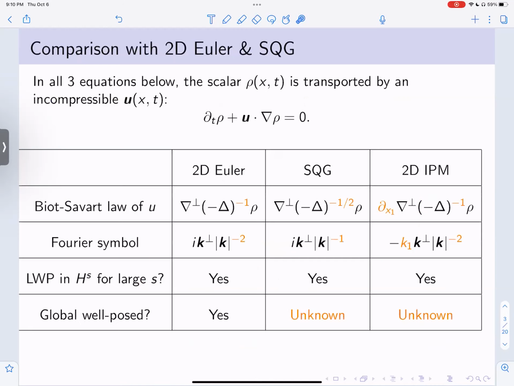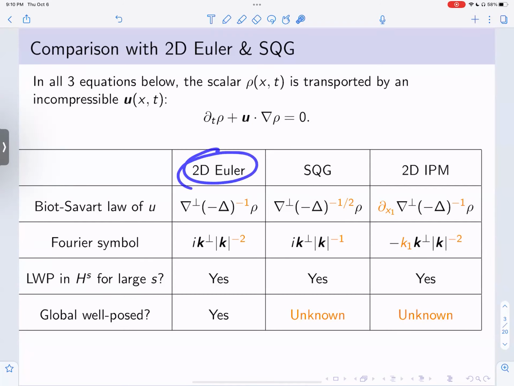And next, I would like to compare a couple of equations. All of them are set up in 2D, and they all have the structure that there is some kind of scalar function that is transported by a velocity field u that is incompressible. Of course, we don't always name the scalar rho.